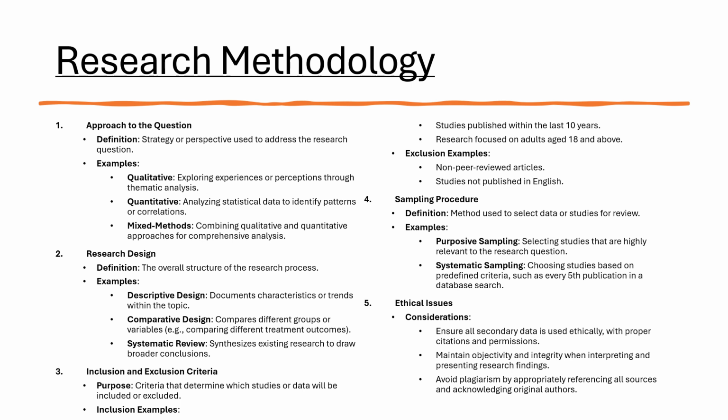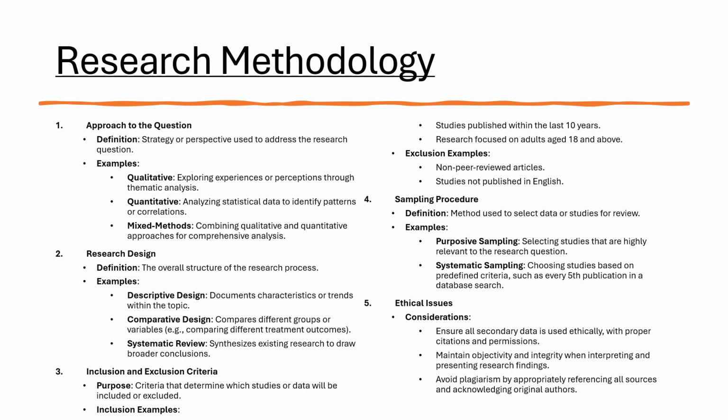So also, number three, you need to look for the inclusion and exclusion criteria. What is the inclusion? Okay, what population are you going to include in your research? Which one are you going to exclude from your research? The purpose of doing this is that the criteria determine which studies or data will be included or excluded.